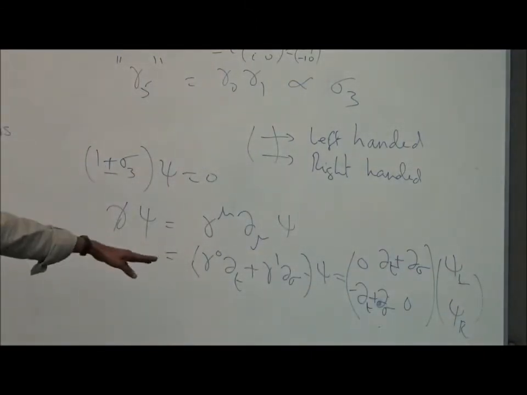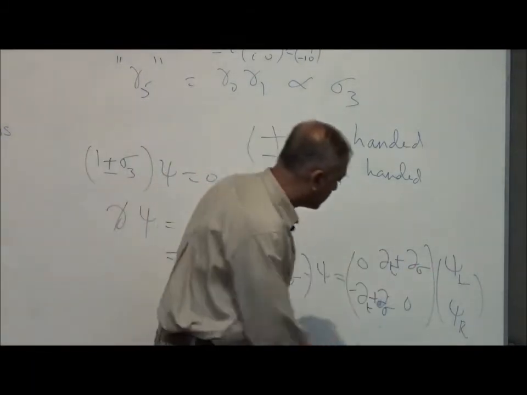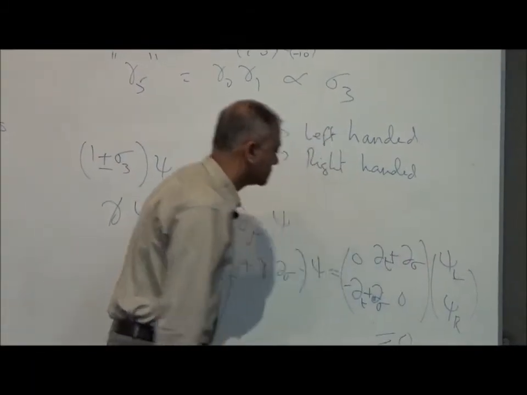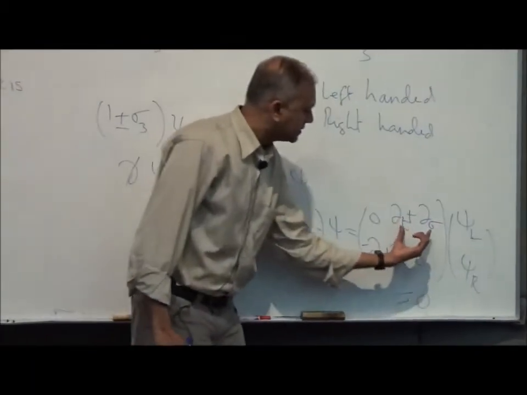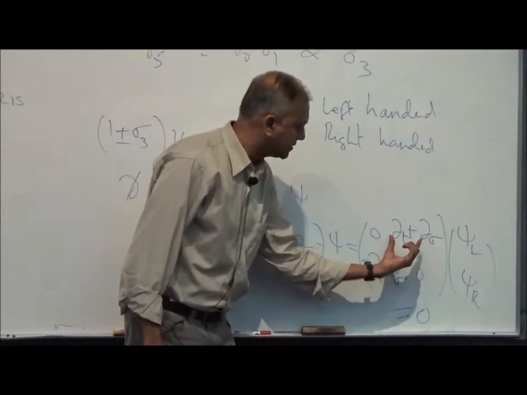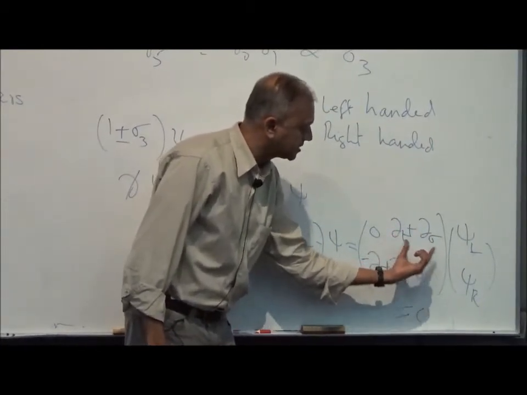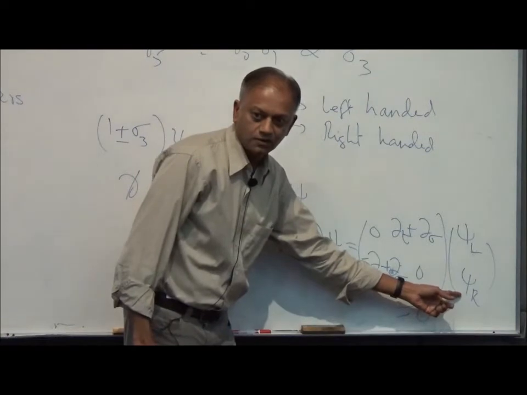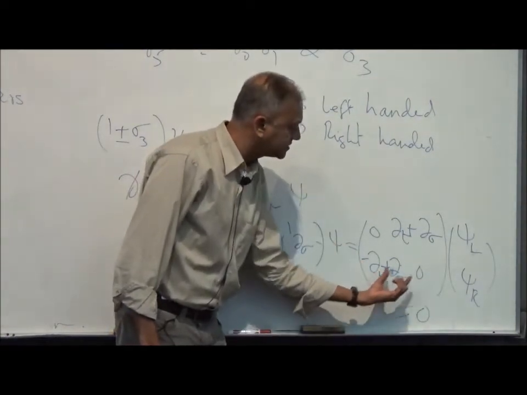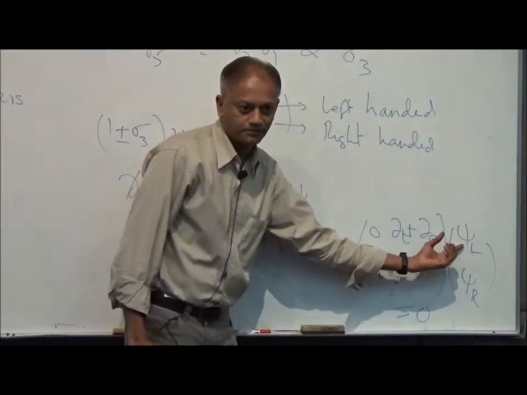This is the Dirac operator acting on these, and the Dirac equation would be this equal to 0. So the equations are dt plus d sigma acting on psi right is 0, and dt minus d sigma acting on psi left is 0.